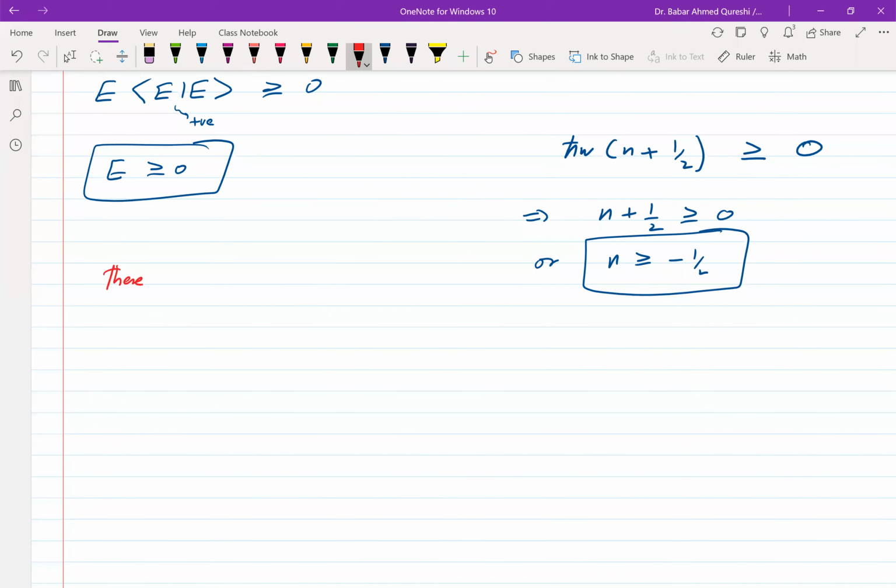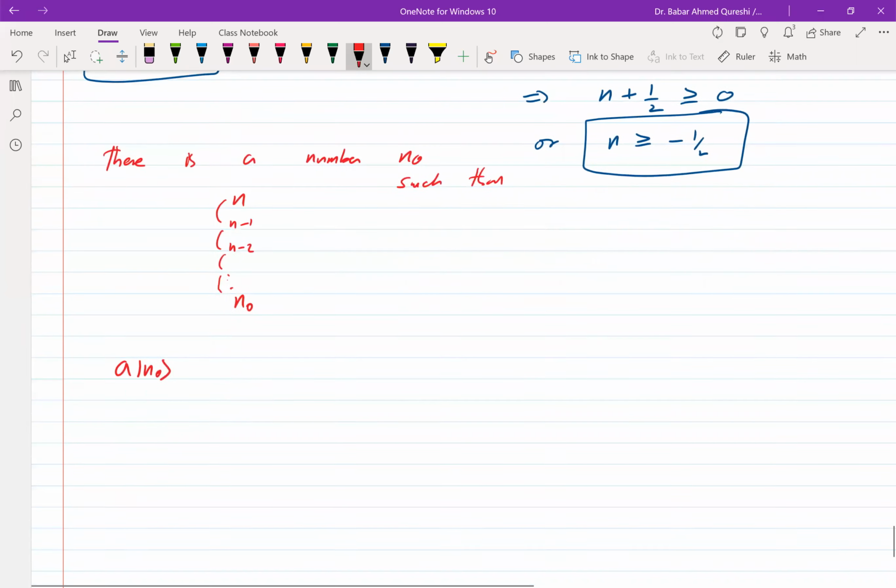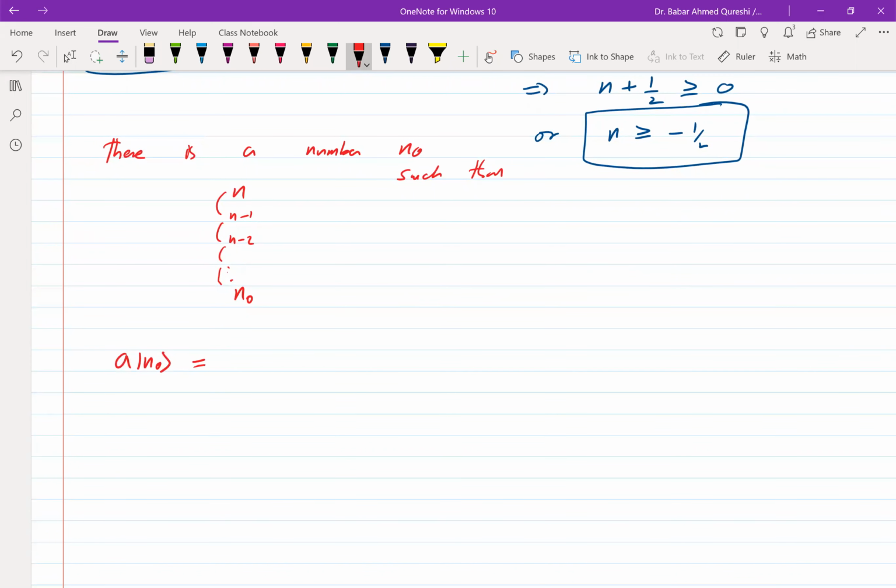As you go down n to n minus 1 to n minus 2, you come down to some number n naught, such that this is the lowest possible number, and when you act with a on n naught, you must get a 0.